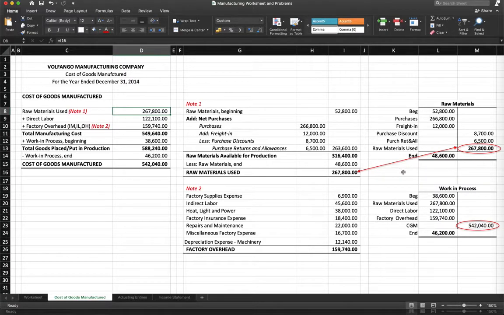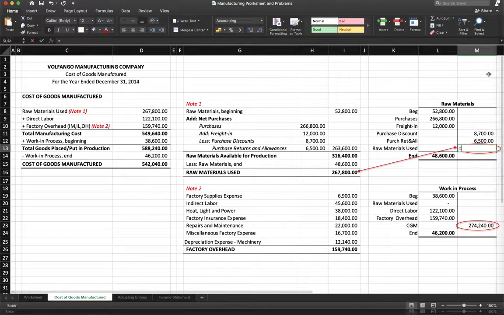Okay, pwede din namang T account. Raw materials, beginning balance, plus purchases, plus freight in, less purchase discounts, less purchase returns and allowances, less raw materials used, is equal to ending balance raw materials. So, nag-work back tayo kanina. Given beginning balance 52,800, tapos given din yung net purchases mo. Ito na daw yung ending balance mo. Ibig sabihin, may nawala: raw materials used. Ilan yung nagamit?